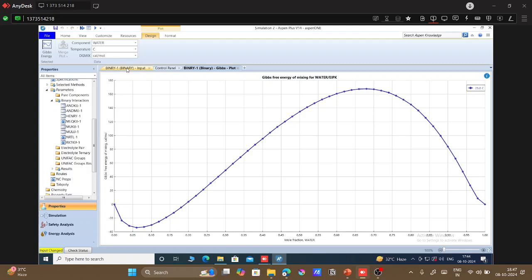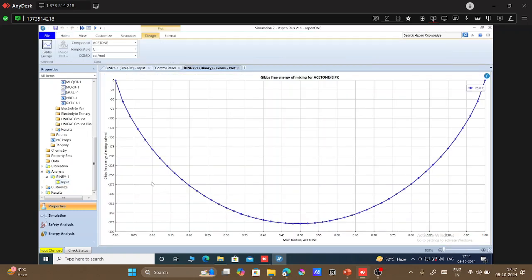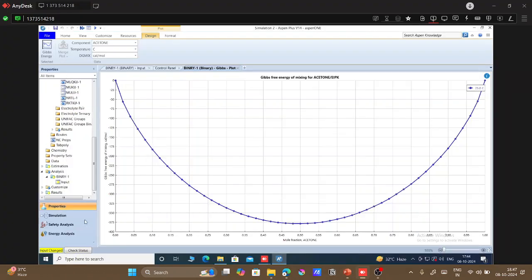So two phases will be separated out. One will be rich in water, another will be rich in EIPK. If you look at acetone and EIPK, the Gibbs free energy is negative. So essentially EIPK is added to separate the acetone, since acetone and EIPK have good solubility in each other, right?